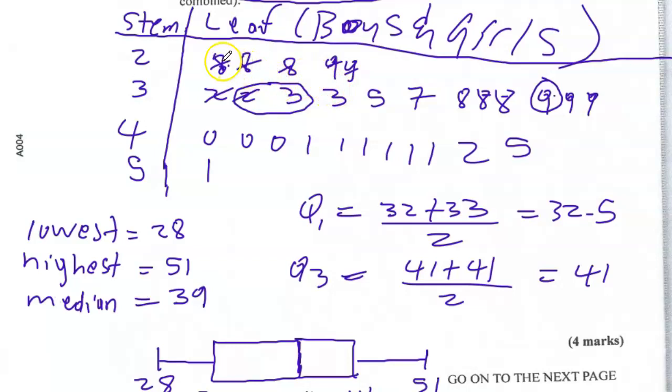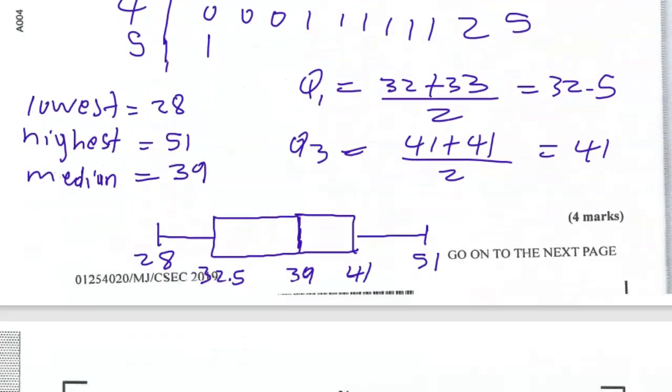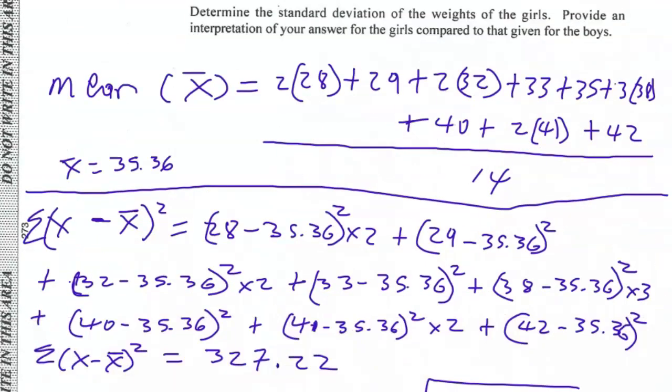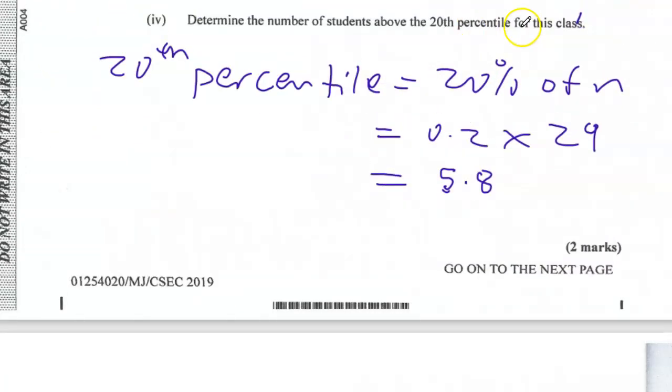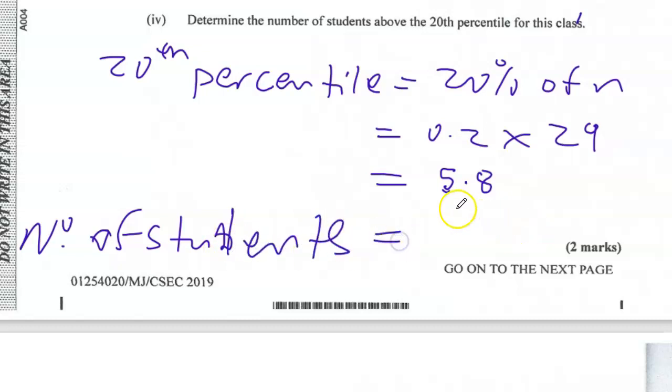Yes, because it's these 7, and then it's from 29. So with 22 numbers, 22 persons would score above the 20th percentile. So the number of students above the 20th percentile would be equal to 22.